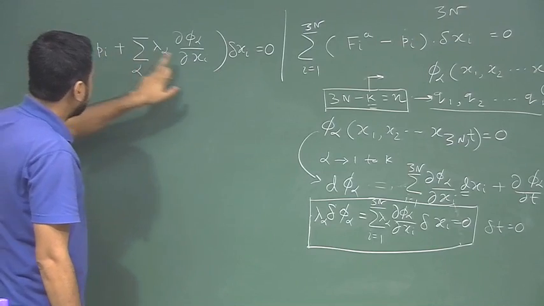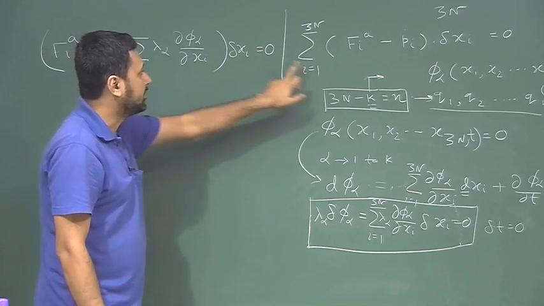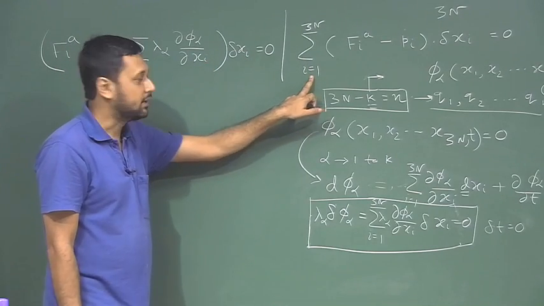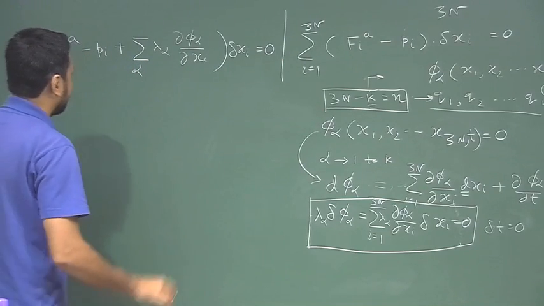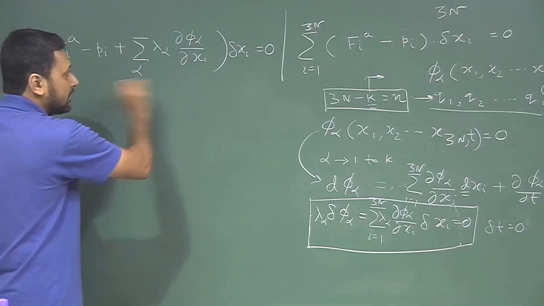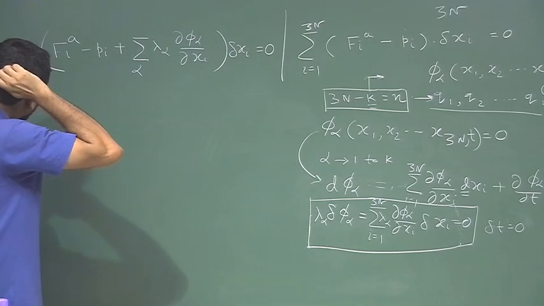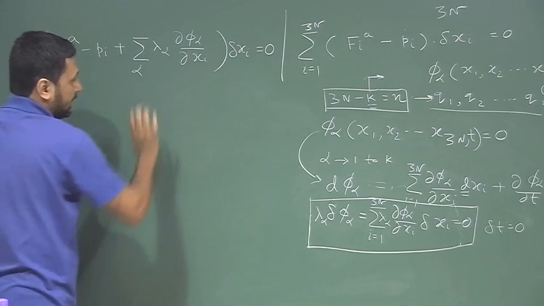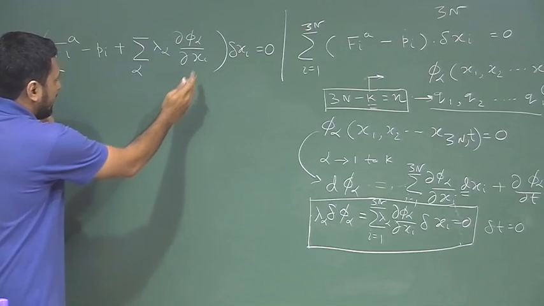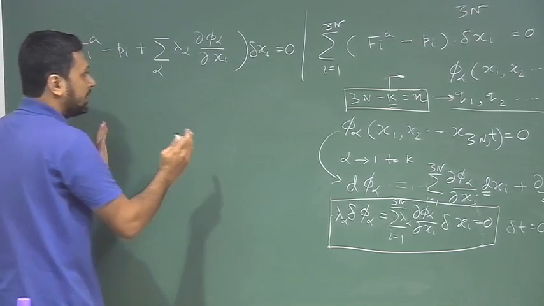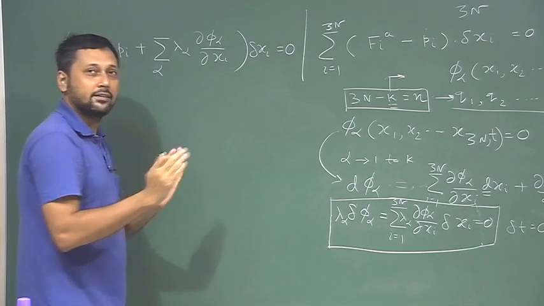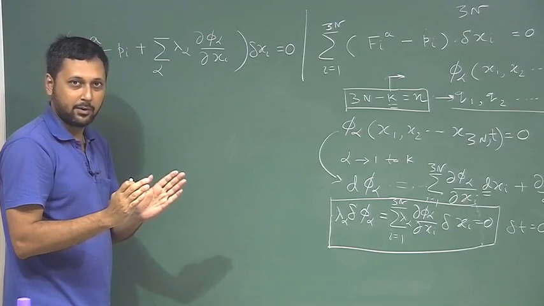As i is a repeated index, the summation is implemented over i, so I am not writing it explicitly. It is very difficult to write the summation every time, so we will just follow the summation convention. Now, the situation is the following: we have 3n equations, out of which only 3n minus k parameters are independent.